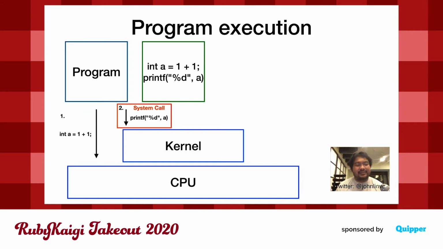Printf is actually a system call, so we pass the system call to the kernel, and after the kernel executes it, you return to your program. That's how a normal program communicates with the real world. So the only thing we need to record are the system calls, that is, the timing of all these system calls and context switches.